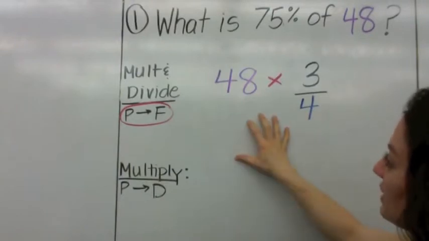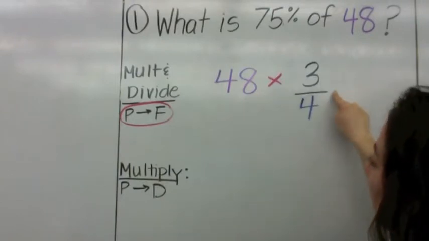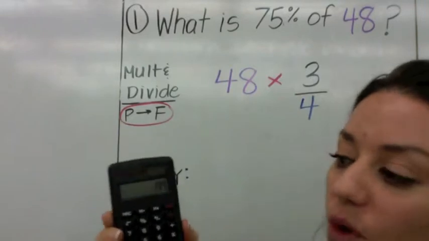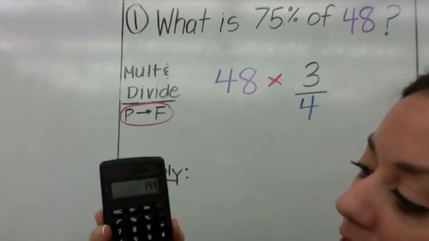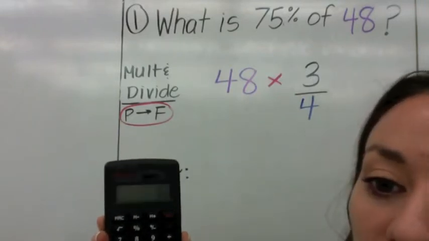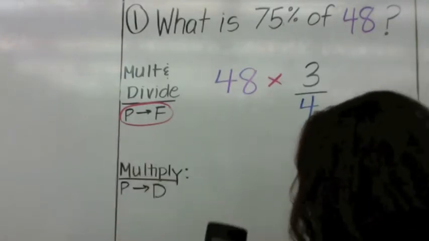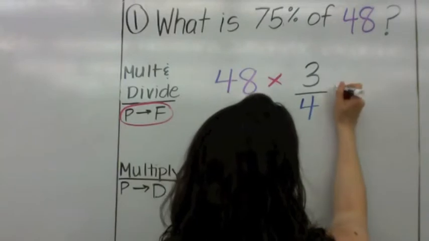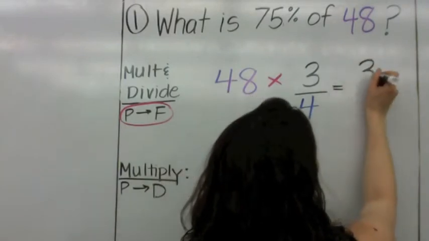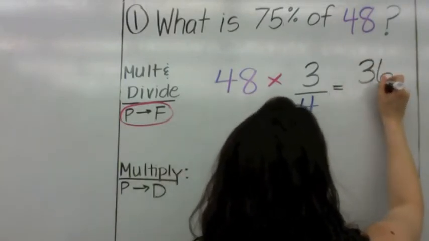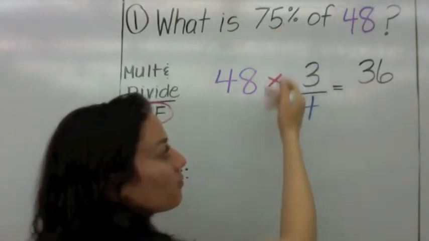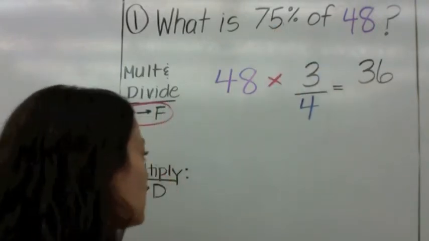Because really what this is saying is 48 times 3 divided by 4. So then we're going to divide by 4. And what do we get as our answer? The answer is, what is it? 36. Very good. Okay. So this is 36. It's saying that 36 is 75% or 3/4 of 48.